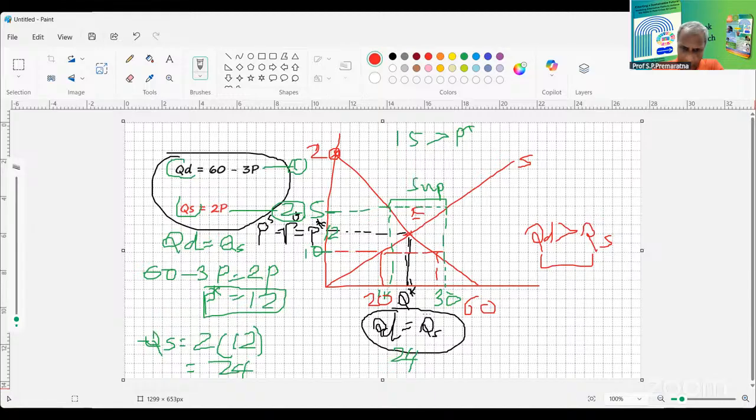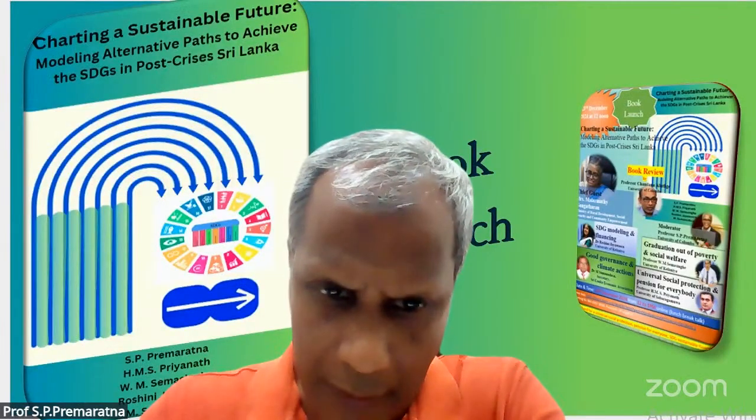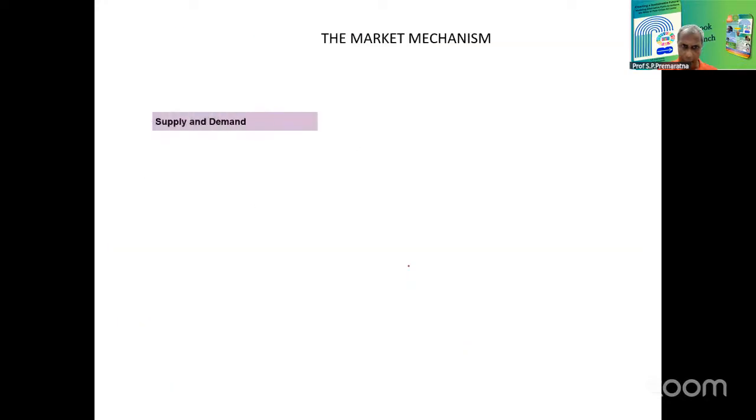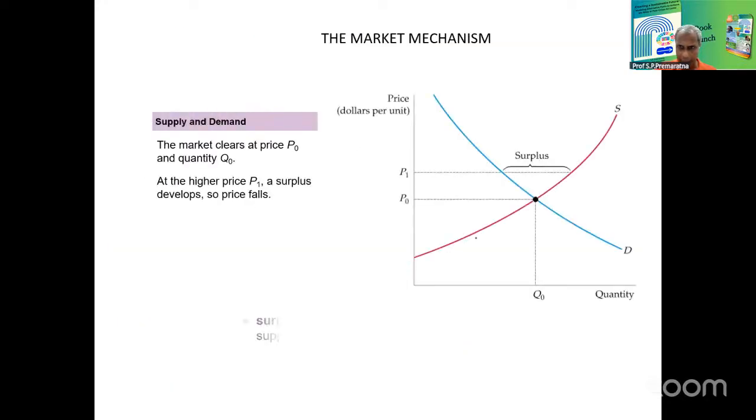Another point I want to show you here, before that let me go back to the slide and explain the same thing using the slide. This is where we stop, to understand the equilibrium. Now we know, given the supply function and the demand function, how to get the equilibrium price and quantity. The one I explained: P1 is above the market price, and it creates a surplus.